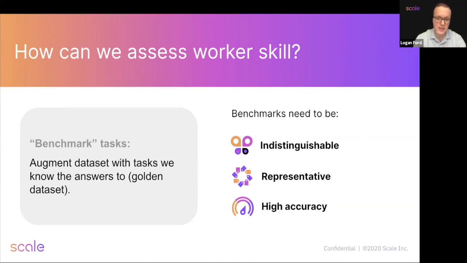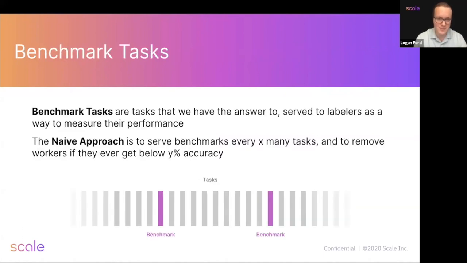And then finally, we need to make sure that these benchmarks have very high accuracy golden answers, because at the end of the day, if we're measuring against a bad answer, clearly we are not going to be able to assess quality very optimistically or very directly.